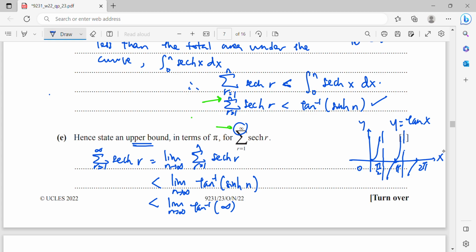From the graph, tangent of pi over 2 is infinity, which means pi over 2 is inverse tangent of infinity. So that's why this is less than pi over 2. From here, I will say that my upper bound is pi over 2.